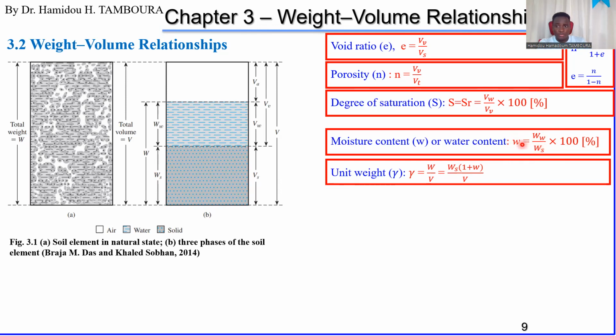So if you do w times Ws plus Ws, where w times Ws is the weight of water from this relationship, plus Ws, which is weight of solid, in that case you can easily obtain this.